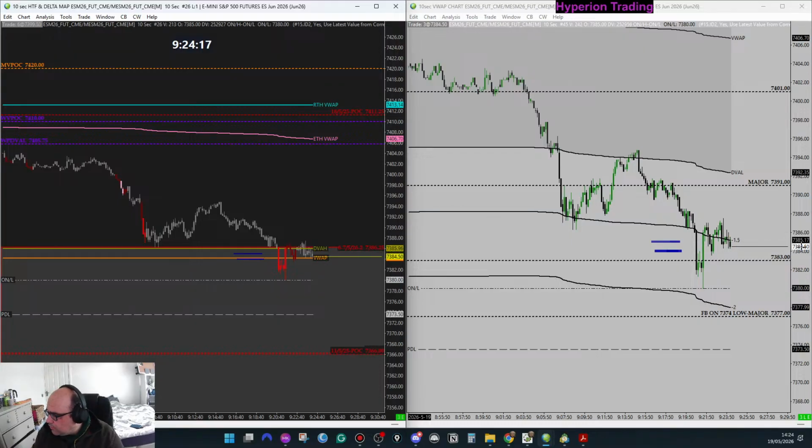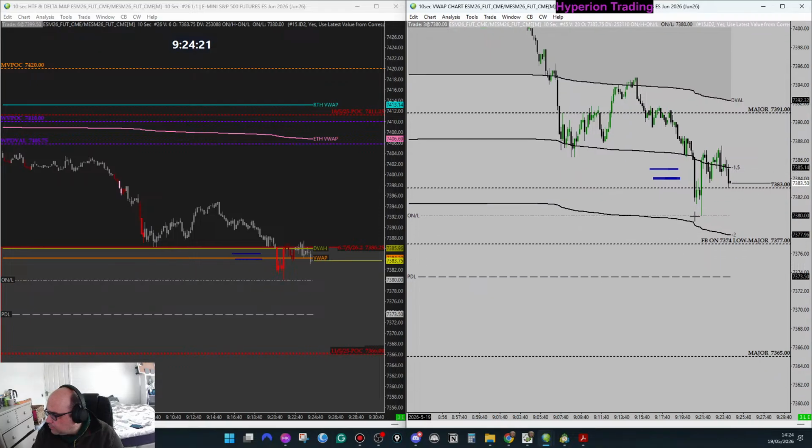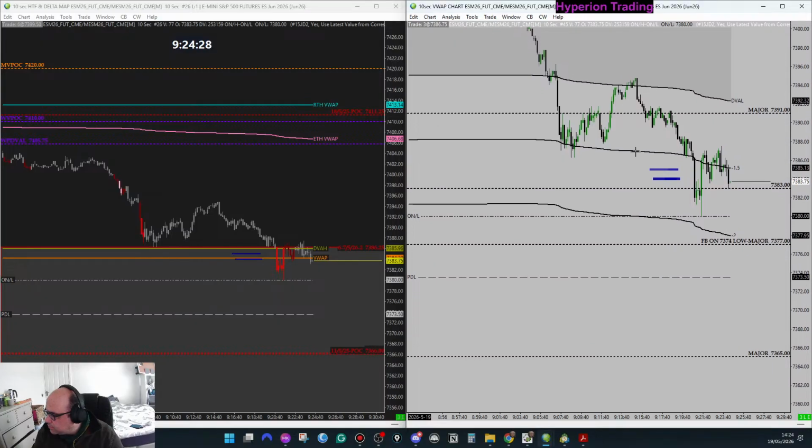As we can see, we're very close to the lows. So this is where price is heading probably. But this is the target, the previous day low here.